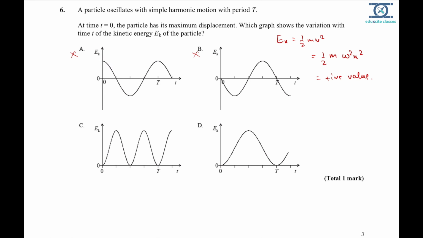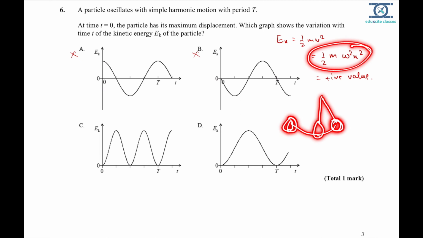Now look at how you will differentiate between C and D. In one time period, how many times does the velocity go to maximum? Let us take an example of a pendulum. If it goes from this position to this position, it becomes 0 at this point and 0 at the other. So the kinetic energy becomes 0 twice in one time period.